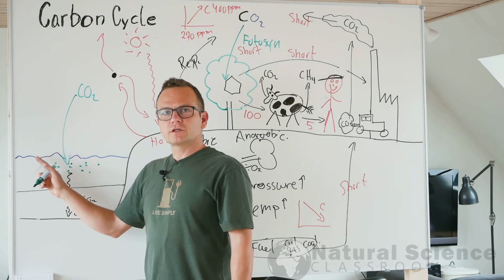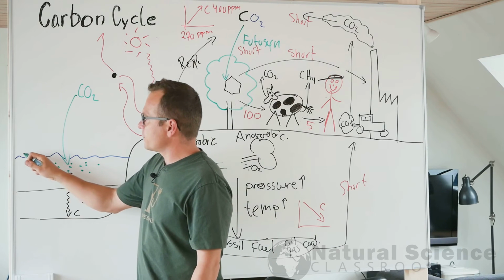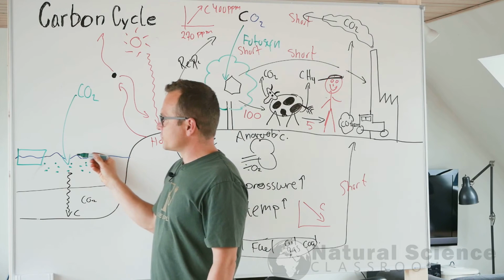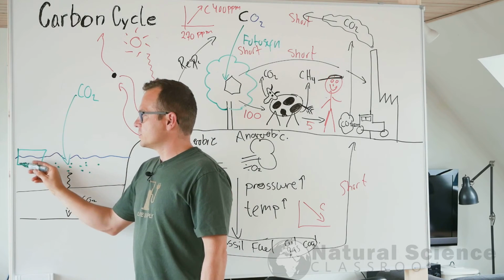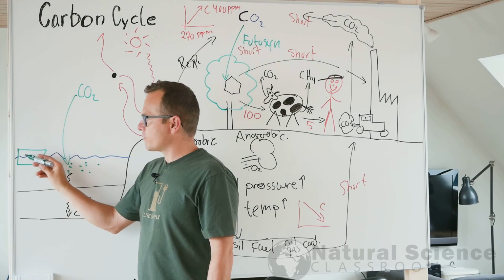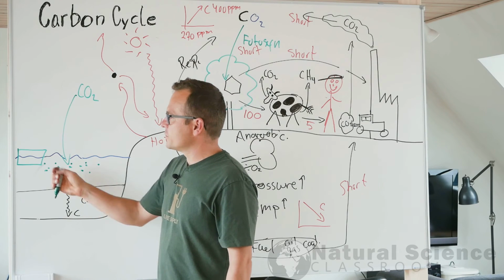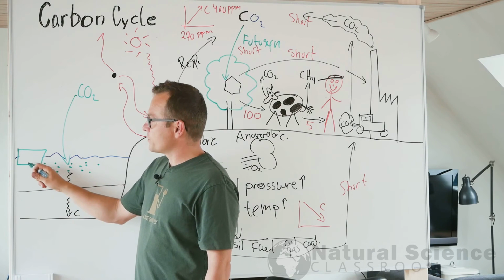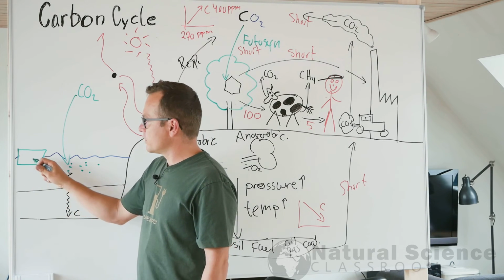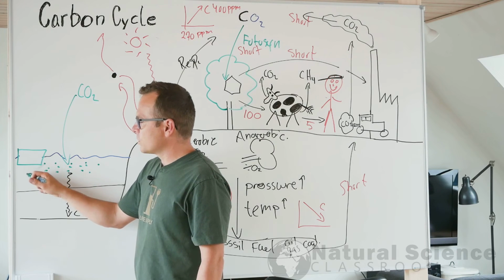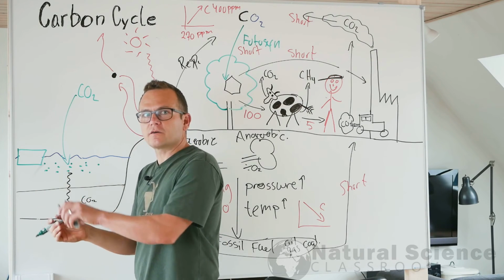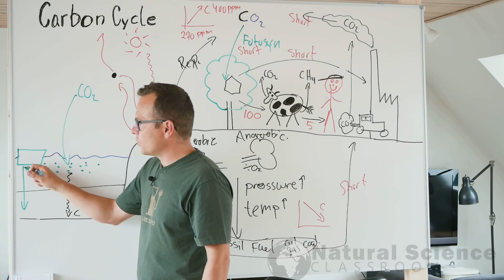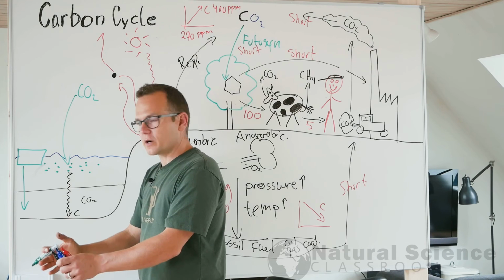So also in the ocean we've got the North Atlantic circulation pump, and this is the Gulf Stream actually. The Gulf Stream goes up north, just south of Greenland, and around Greenland we'll have a lot of freezing of sea ice. When the sea ice freezes, it won't be able to store the CO2 in the ice, and the CO2 will kind of be squished out of the ice when it freezes, and then it gets cold, and cold water will sink to the bottom, right?